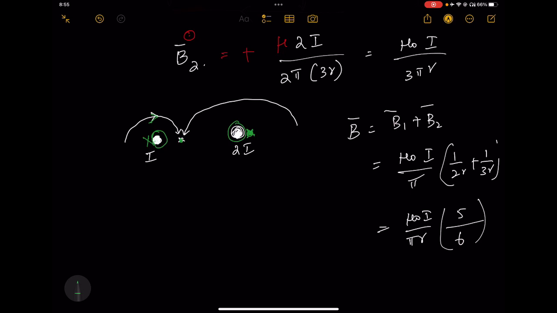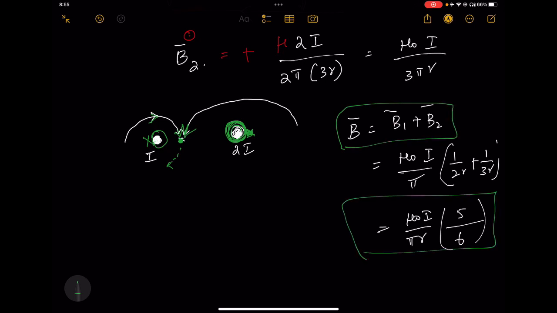At this point, it looks like it is going down. The same way, because of this current carrying conductor, at this point it looks like going down. So, we add both of them and then we end up with an answer like this, option D.